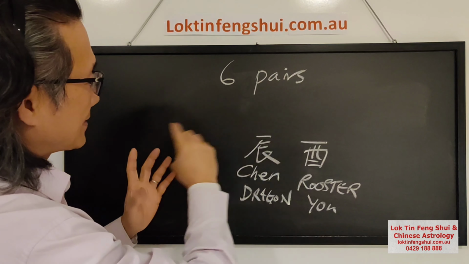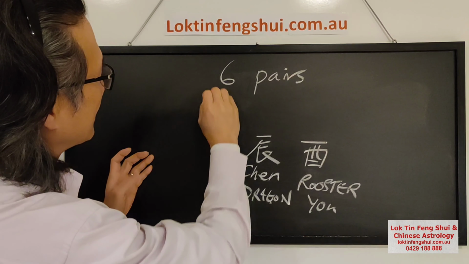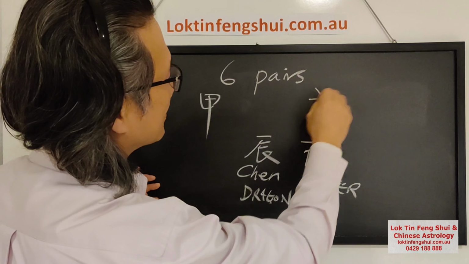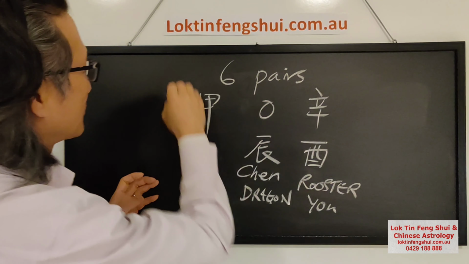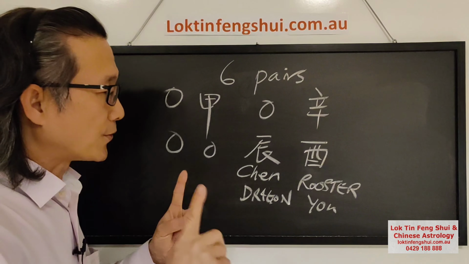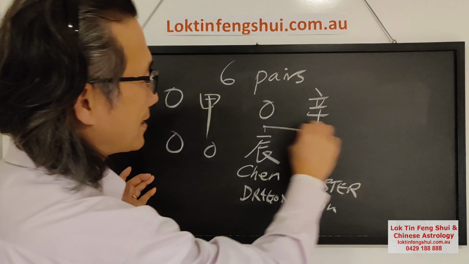And then let's say this is Jia here, and then it's born in the rooster here. So we don't look at those, just like this. For the dragon and the rooster, they're secret friends, so they are combined.